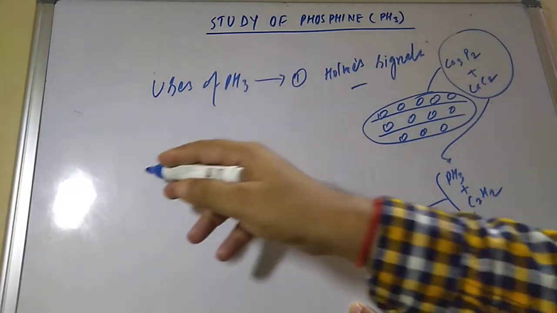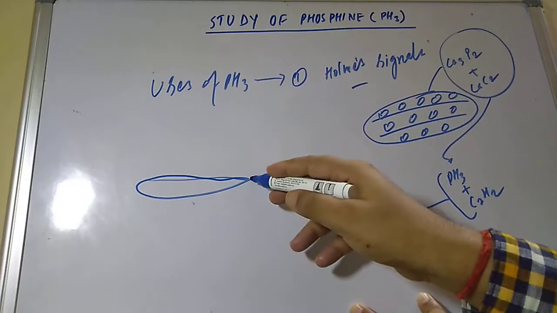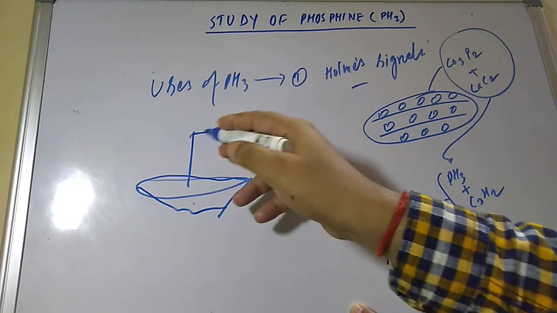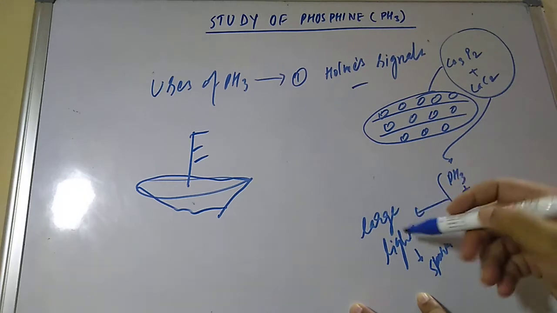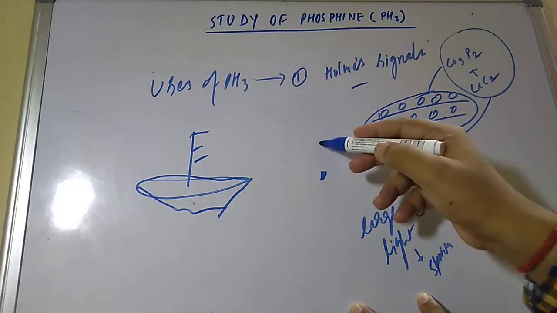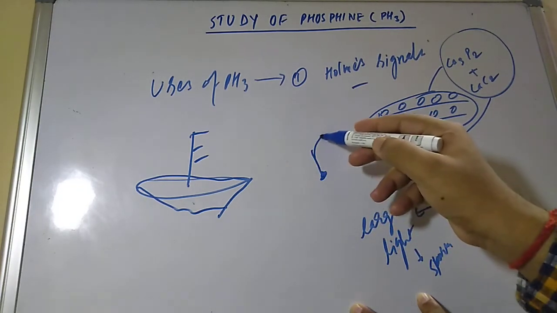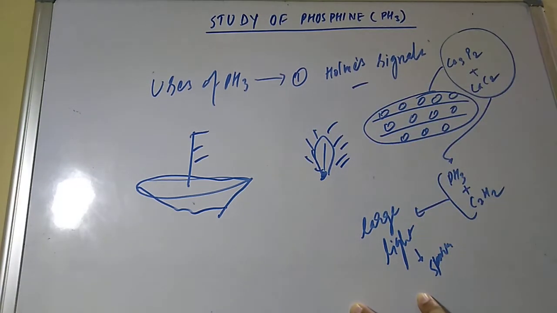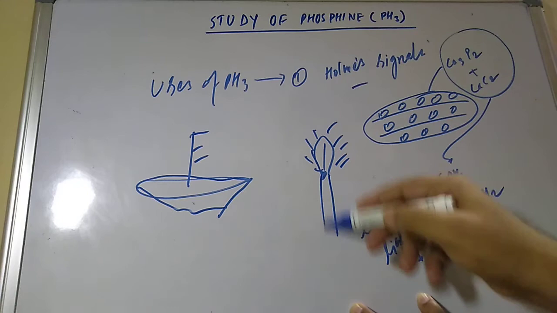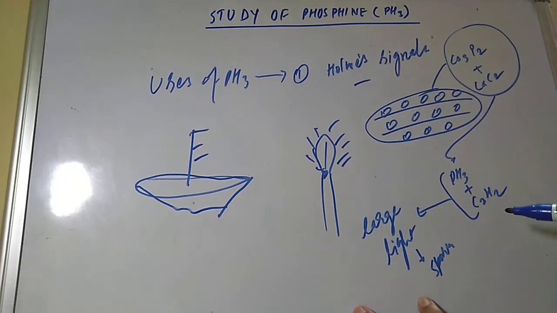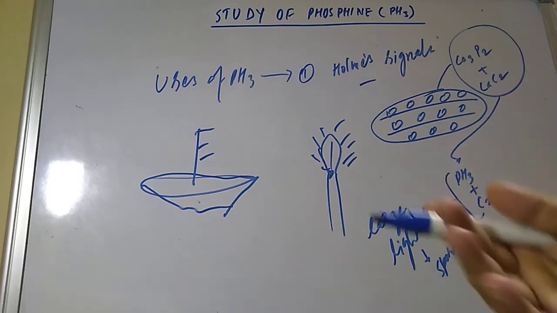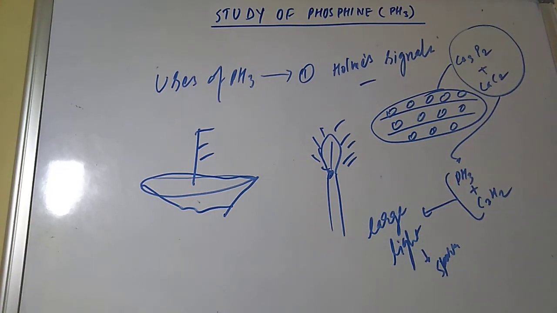This is used at sea, when a ship needs to give a signal. We put calcium phosphide and calcium carbide, which give PH3 and C2H2, producing immense light, and that immense light implies that the ship is reaching near the port.